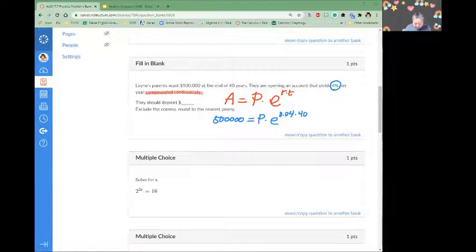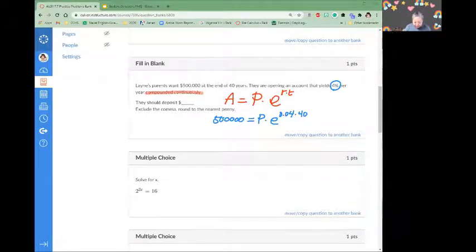You will get the value from your calculator if you punch the second key and the natural log key; above the key it says e to the power of x, right? So then you can properly utilize that key on your calculator so that you get the value of e to the power of, and utilize the parentheses if you are not going to multiply this 0.04 and 40 in advance.